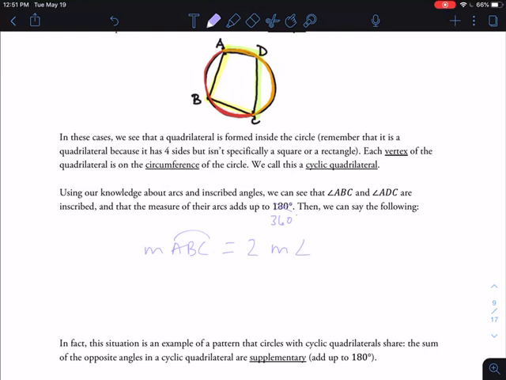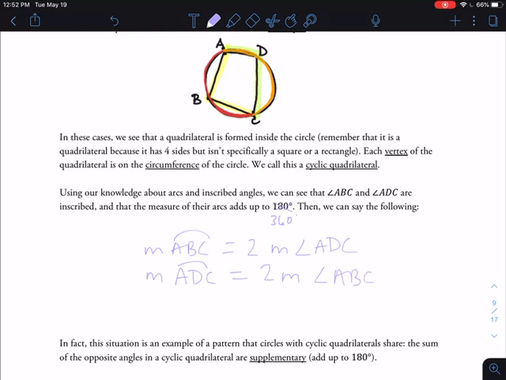Now we're talking about an angle, not an arc, so that's why I'm being very careful to say these things correctly. And we know that the measure of arc ADC, again, now I'm talking about the arc, the part of the circle, is equal to 2 times the measure of angle ABC.